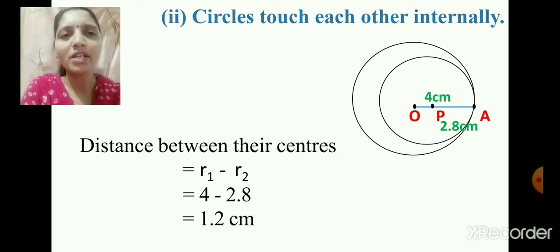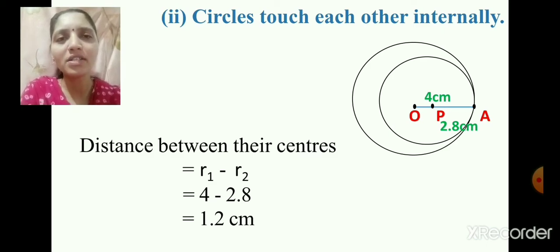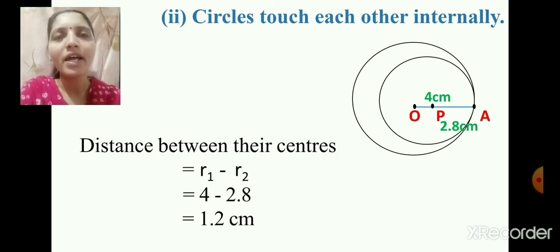R1 minus R2, that is 4 minus 2.8 centimeters, equal to 1.2 centimeters. I hope you all are understanding this. This distance calculation between their centers is optional.